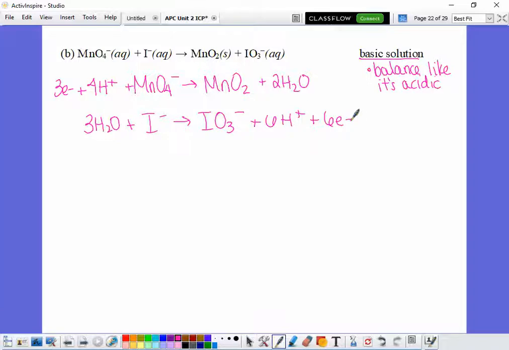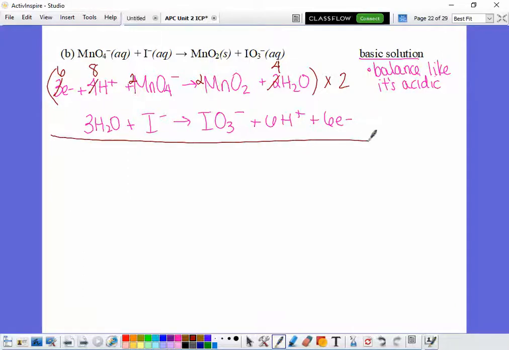Okay. And that means that in order to balance that out, we need to multiply this first half reaction by what? 2. You need to multiply it by 2. So all of these get multiplied by 2. And now we're going to combine. What do we know is going to cancel? The electrons.